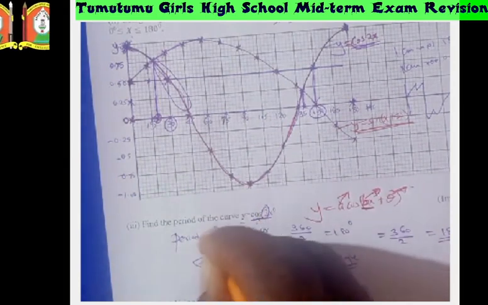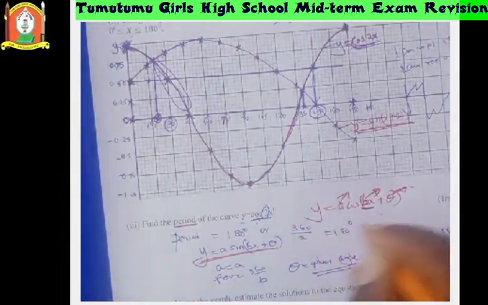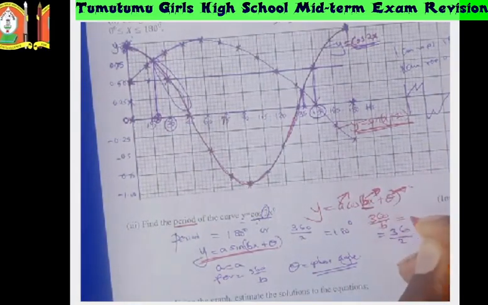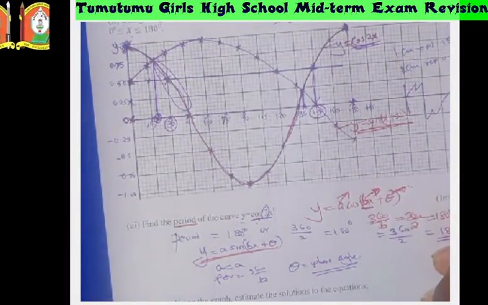So we are asked to find the period. Period is equal to 360 divided by b, which is 360 over 2, which gives us 180.